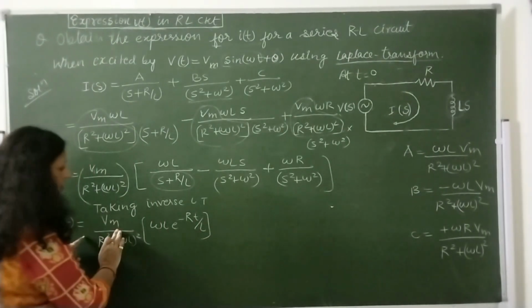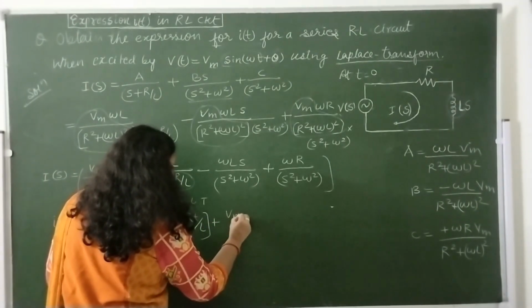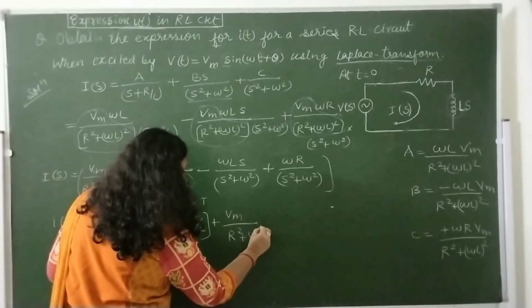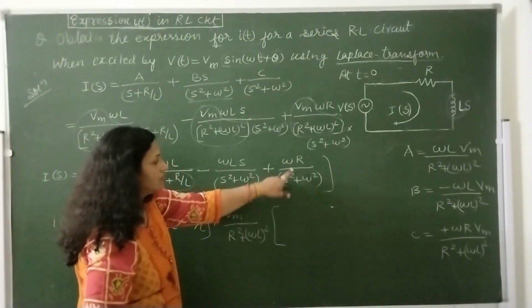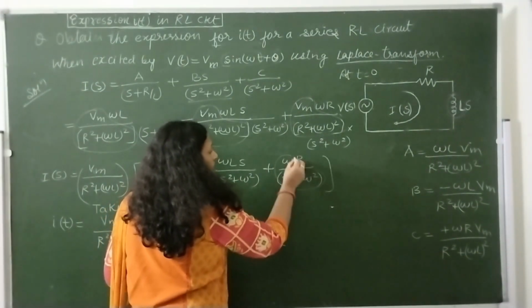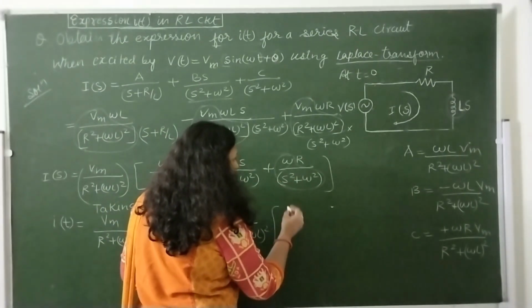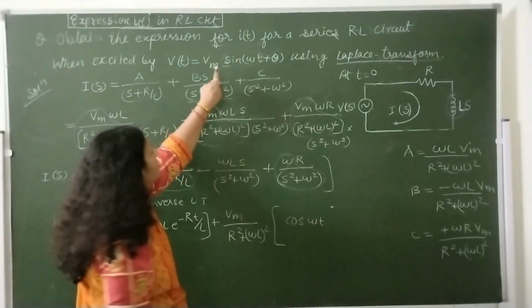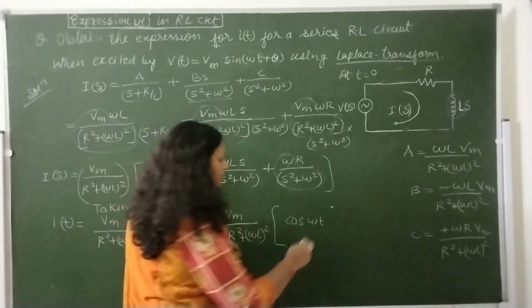Now, this is common to every term. So, write it down here, plus Vm divided by R square plus omega L whole square. Write down this term first. The inverse Laplace of this, omega divided by this, is cosine omega t, and at the beginning we can see that there was a phase shift of theta.